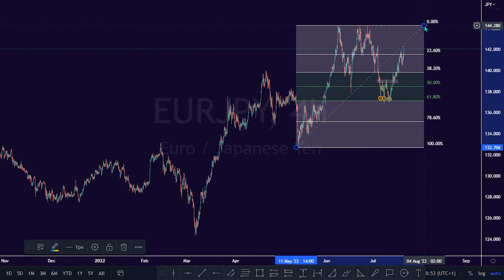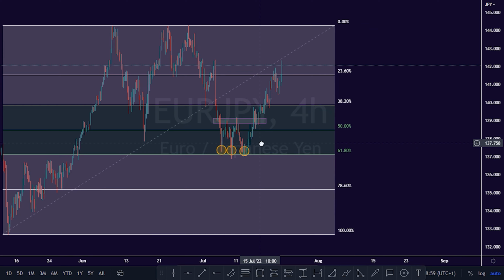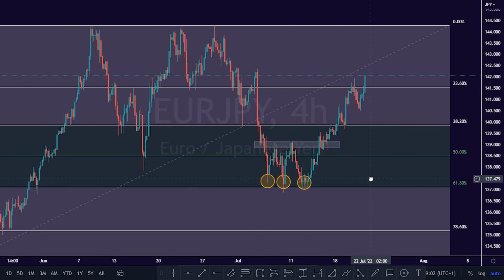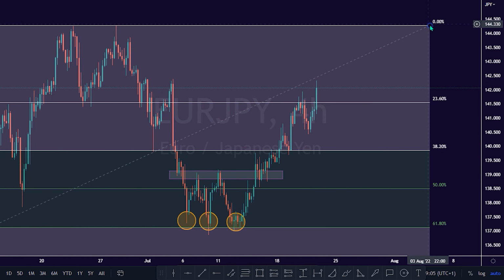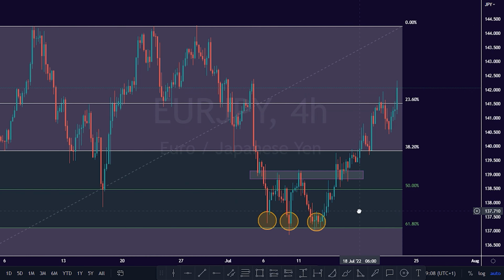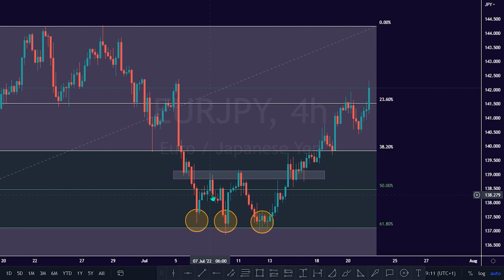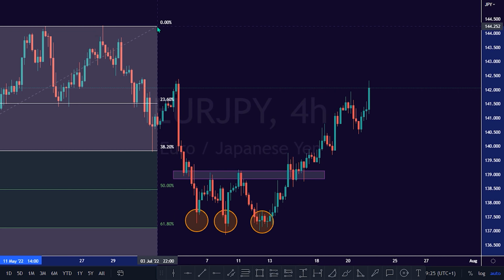Now let's zoom in to see the reaction of the Fibonacci retracement level on the trading chart. As we can see, the triple bottoms formed at the level of the 61.8% Fibonacci retracement level. Now let's study the psychological analysis behind the formation of this triple bottom in this bearish pullback.